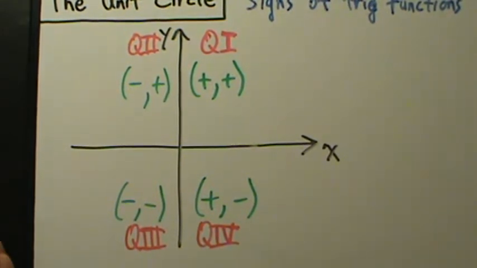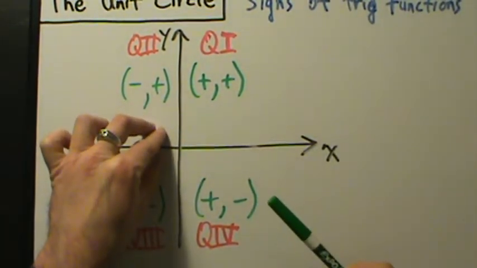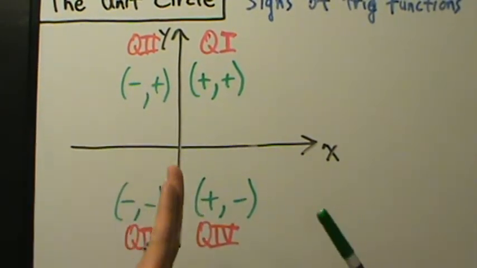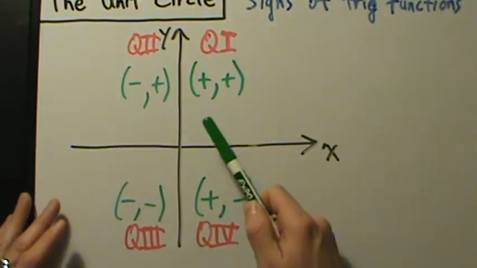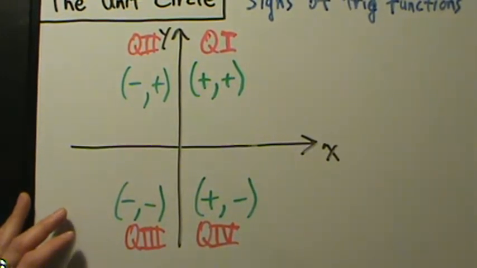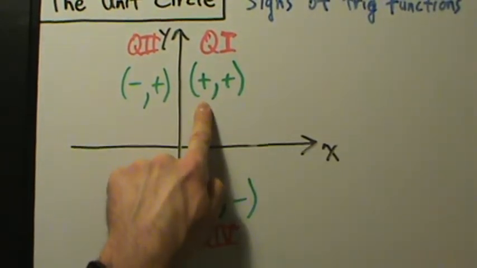Well, remember what we said in the previous video: if we have a point on the unit circle and an angle theta associated with that point, then cosine of theta is the x-coordinate and sine of theta is the y-coordinate. Okay? So since cosine of theta is the same as the x-coordinate, then if we're in quadrant 1, cosine of theta is positive.